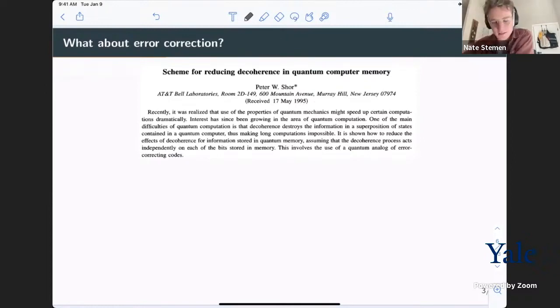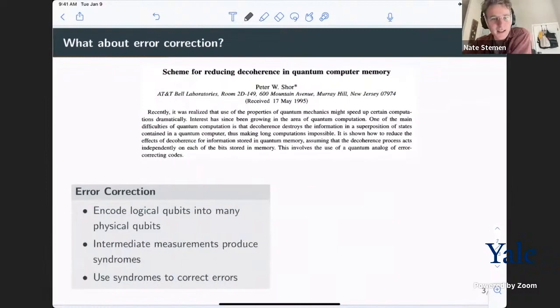And the answer is yes, but we're not really at that point in our quantum computing history, right? So the idea with error correction is we encode logical qubits into many physical qubits. Then you do some intermediate measurements, and you produce your syndromes, and then you're able to correct your errors based on what you saw in your syndrome measurements.